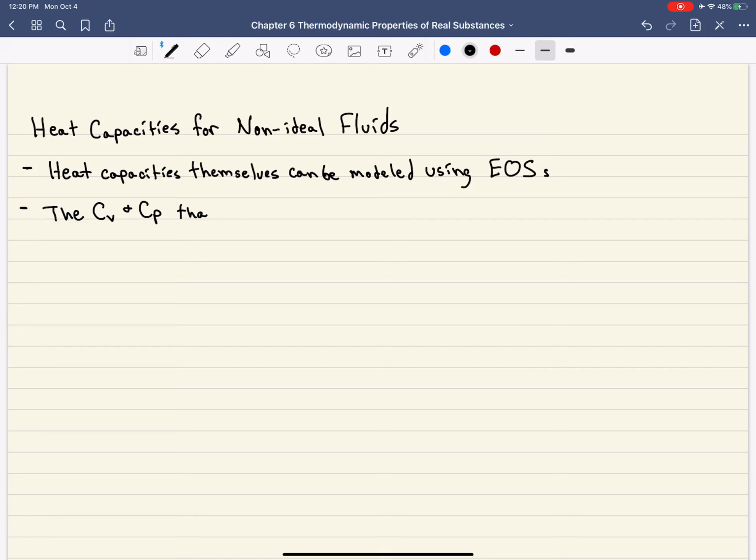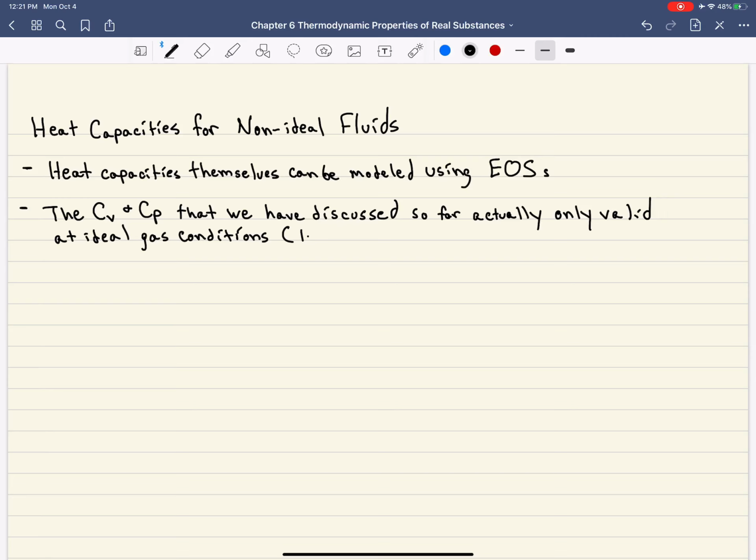And that's because the heat capacities that we talked about before were actually only valid for ideal gases. Okay? So far, only valid at ideal gas conditions. Okay?